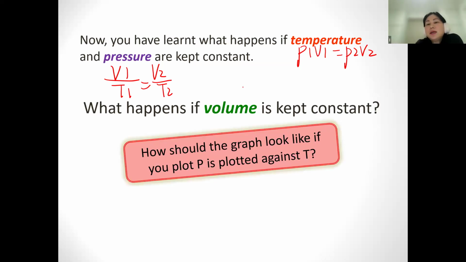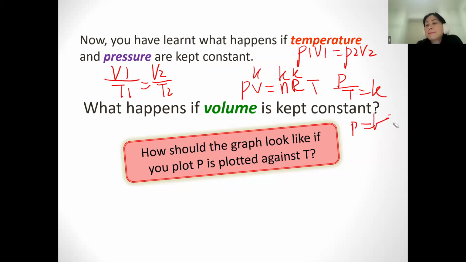If volume is constant, remember PV equals nRT. This is K, this is K, this is K. So let's rearrange and put the K all on one side. So P over T equals K. That means P equals KT.